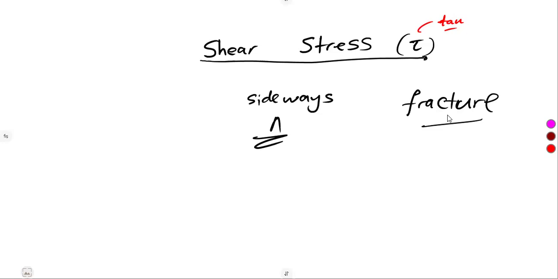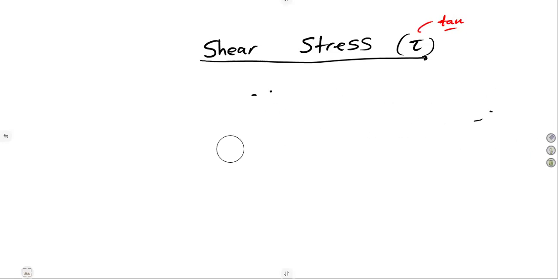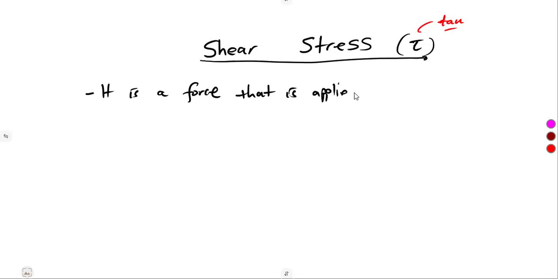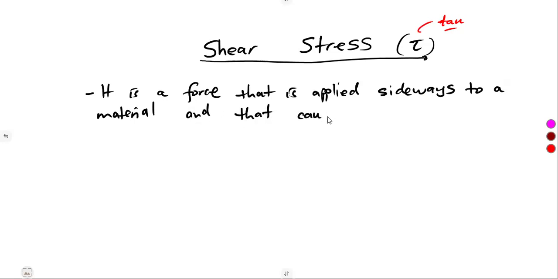You see the difference. So let me just write it down, and we're going to look at where it can be applied. It is a force that is applied sideways to a material, and that causes the material to fracture.